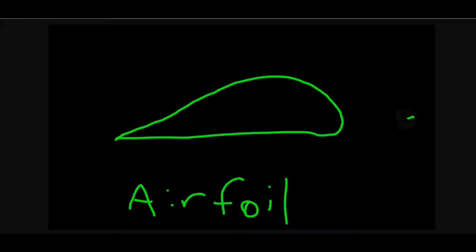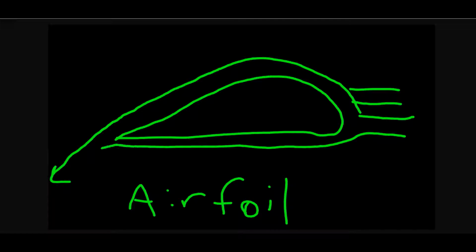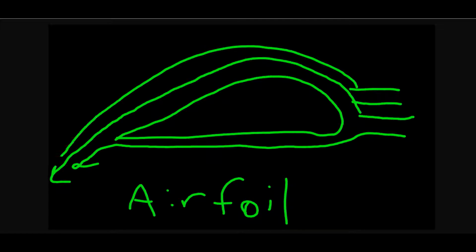This air, as it comes in, is going to change direction. The part that goes over the top comes around like this, and when it gets here, it keeps going down. And then the air here goes underneath, gets caught up with this, and gets pushed down. And so we're going to have two different things happening.